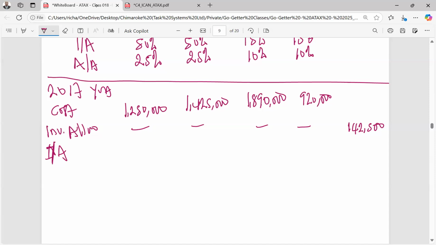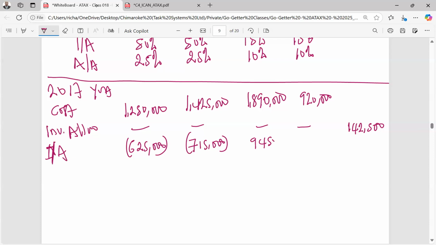Initial allowance, 50% of this is 625,000. Then here will be 715,000. I will need to verify them. This is going to be 945. Okay, sorry, 15%.